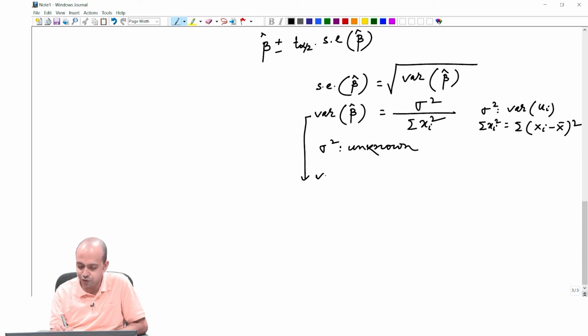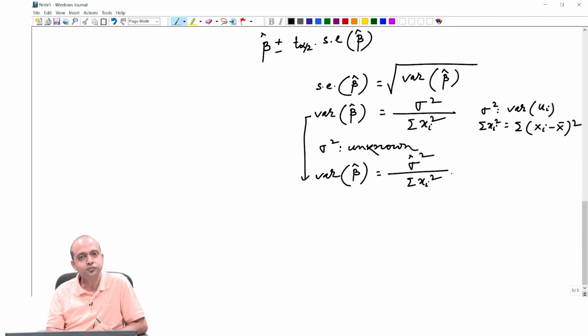You calculate your variance of beta hat using its sample counterpart, which is basically sigma hat square divided by summation xi square. And what is sigma hat square?